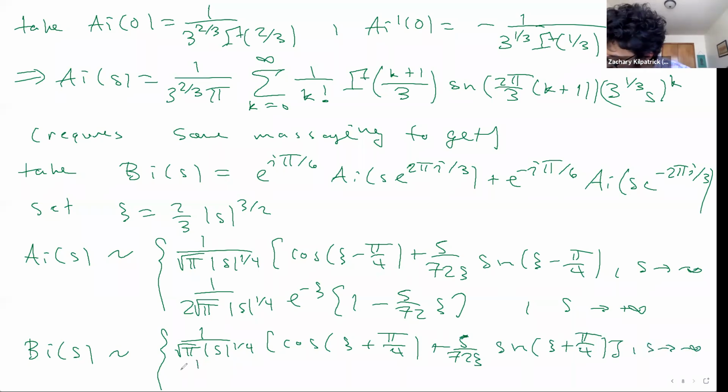And then we have 1 over square root of pi, absolute value of s to the 1/4, e to the psi times (1 plus 5 over 72 psi).